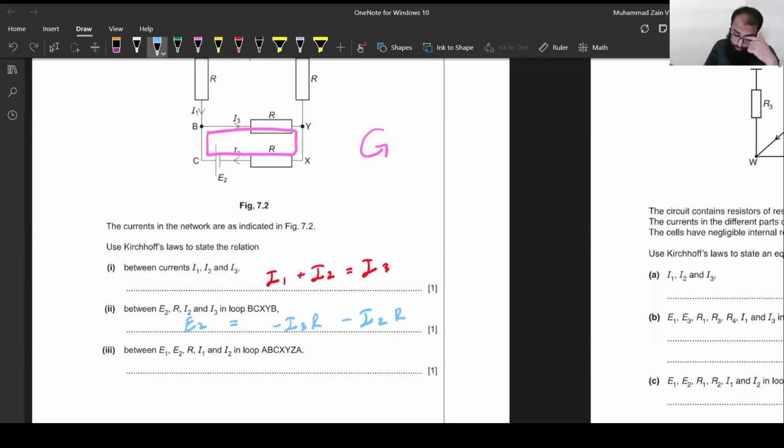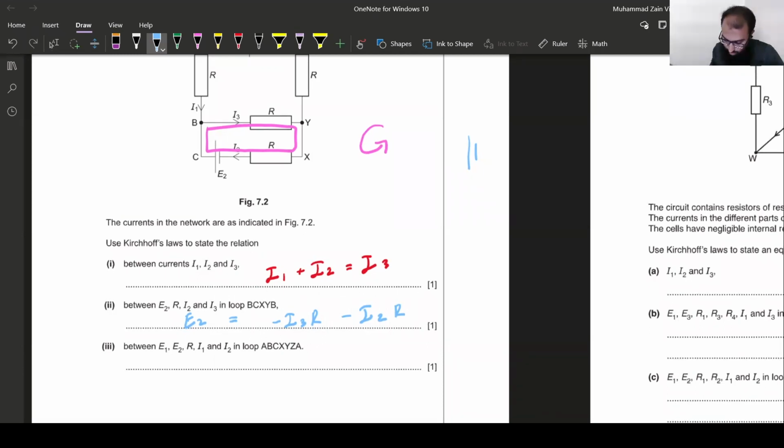So for this sign, consider it in such a way that a battery which is like this would tend to move current in this direction. Sorry, just a second, something happened to the screen. Okay, so a battery which is like this would tend to move current in this direction.